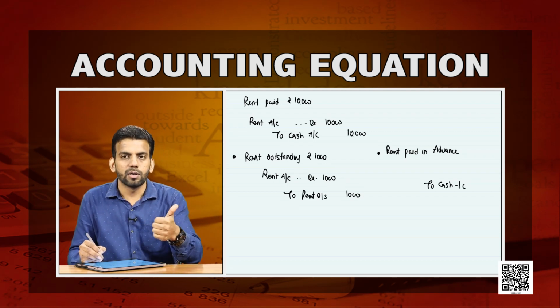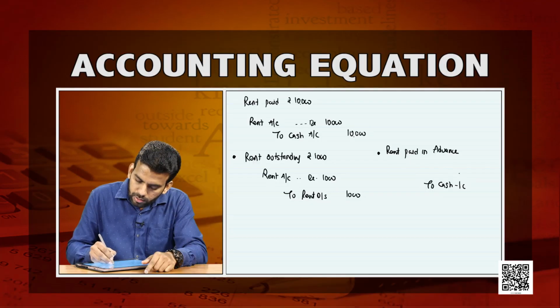And what is the second account? Rent? No. The answer is no. We can't debit rent because expenses are to be debited when they fall due. But in this case, you have prepaid. Rent hasn't fallen due. Assume April month is running and you have paid the rent for May and June. You can't debit rent account until May and June come, isn't it? So rent account is not eligible to get debited in this case.